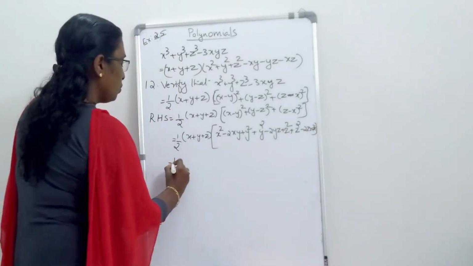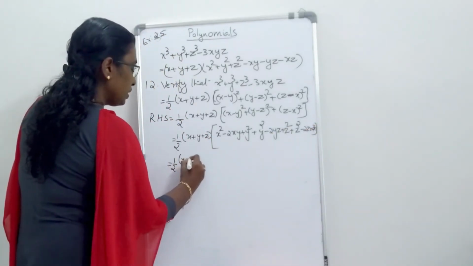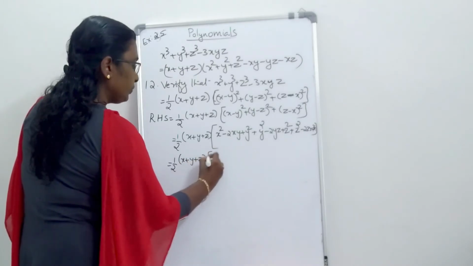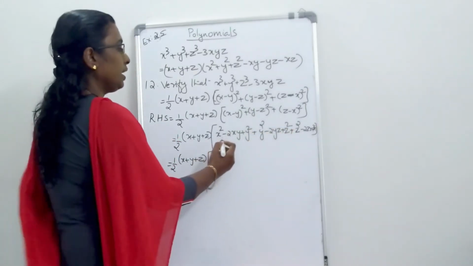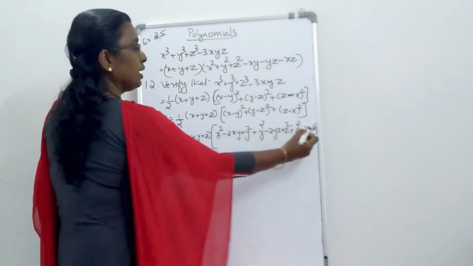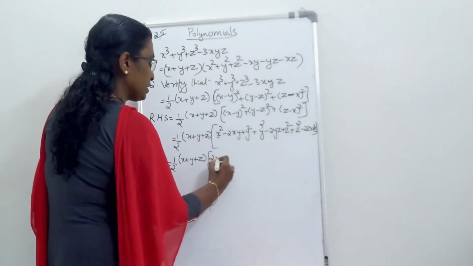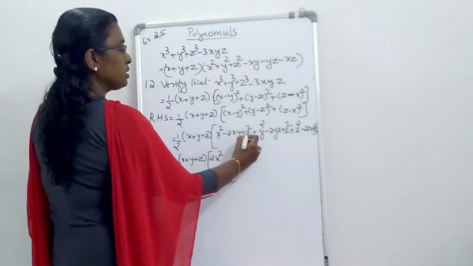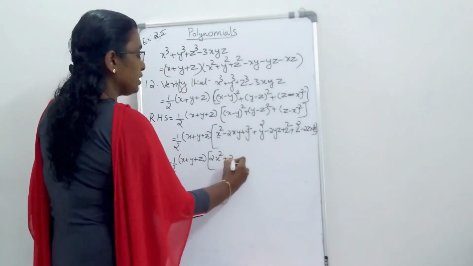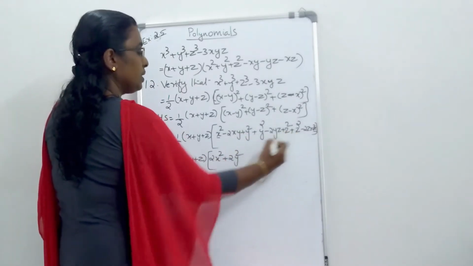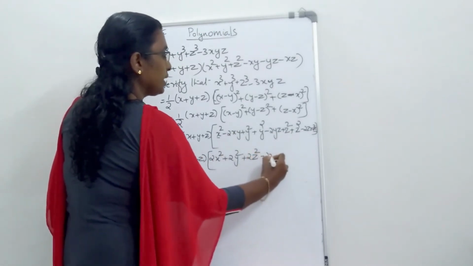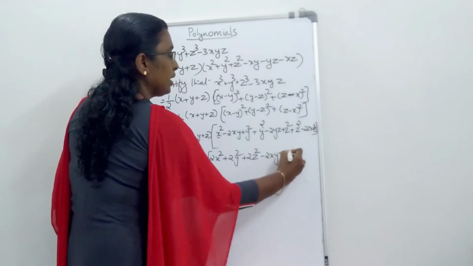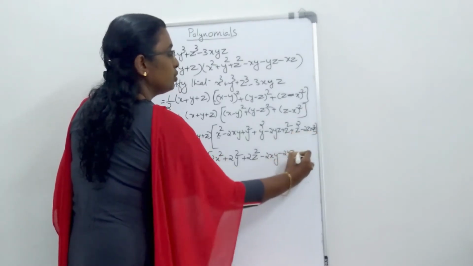Equal to 1 by 2 into x plus y plus z into, again we can simplify these terms. Here there are two x square terms, x square plus x square is 2x square, y square plus y square 2y square, z square plus z square 2z square. Here minus 2xy minus 2yz minus 2zx.